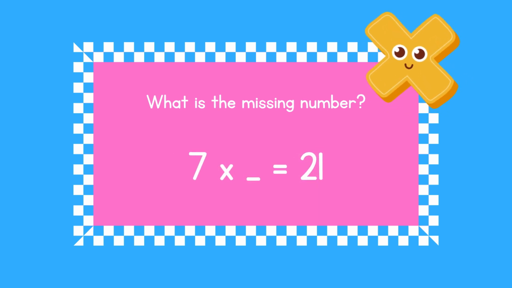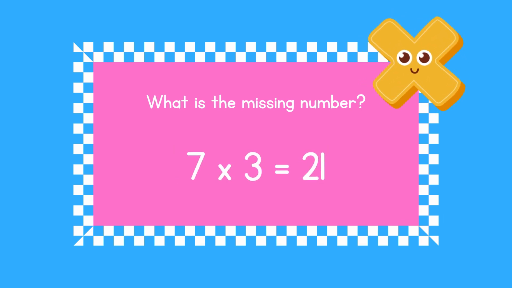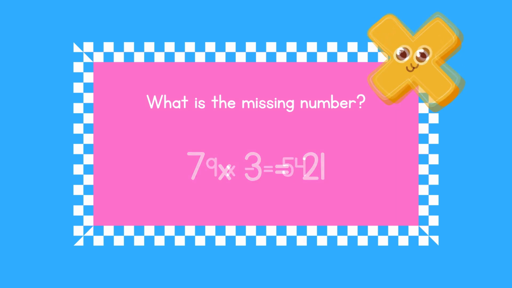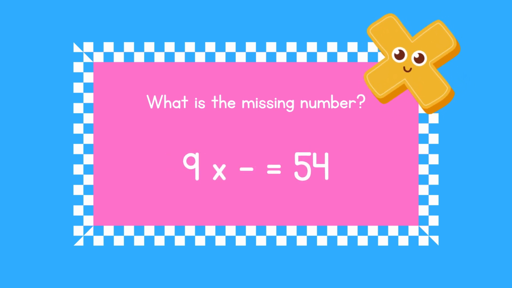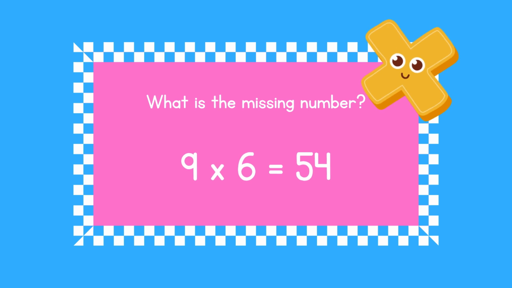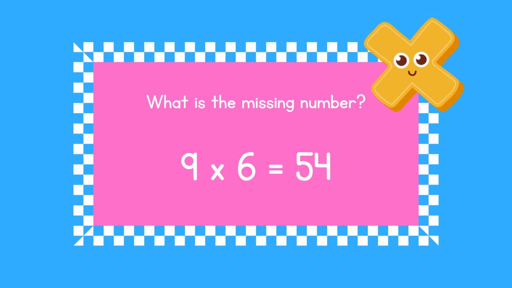Find the missing number. Seven multiplied by 3 is 21. Find the missing number. Nine multiplied by 6 is 54.